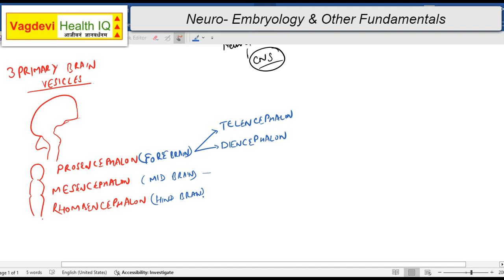Rhombencephalon will also have two parts: metencephalon, and then another will be myelencephalon.